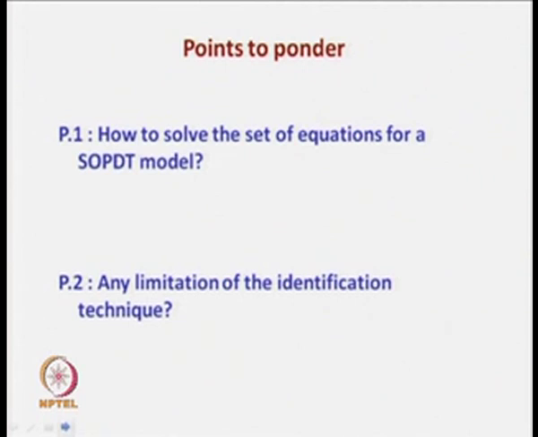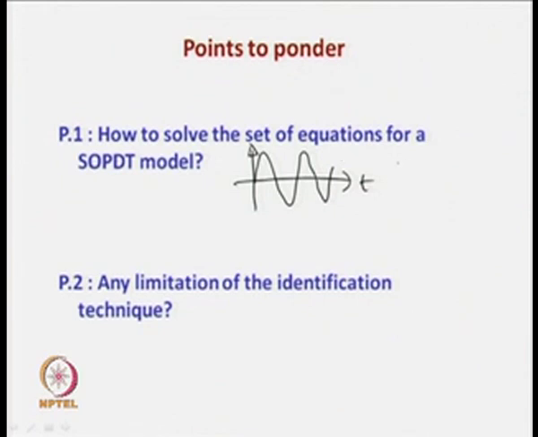Now, points to ponder are how to solve the set of equations for a second order plus dead time model. I have already given the guidelines. Depending on the type of output from the sustained oscillations, it is very difficult to make out whether the system dynamics has got some unstable poles or stable poles, but applying intuition, you have to solve the set of nonlinear equations.